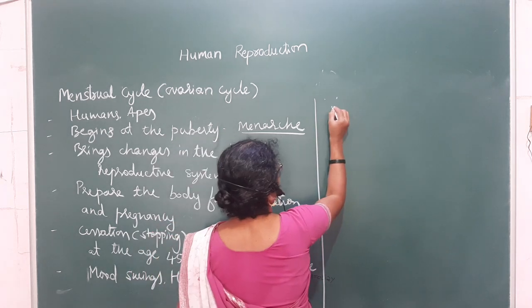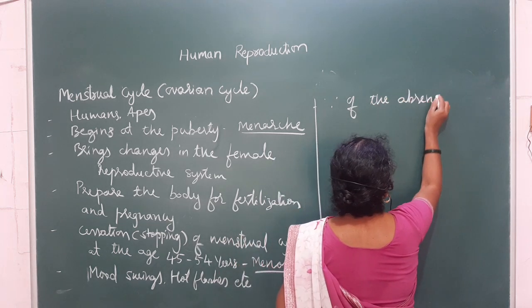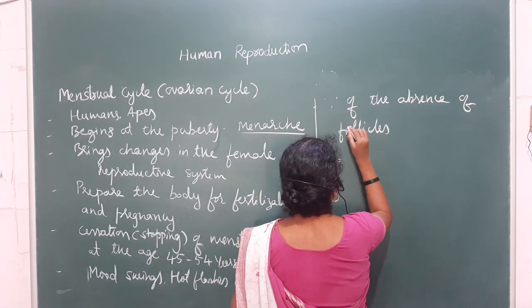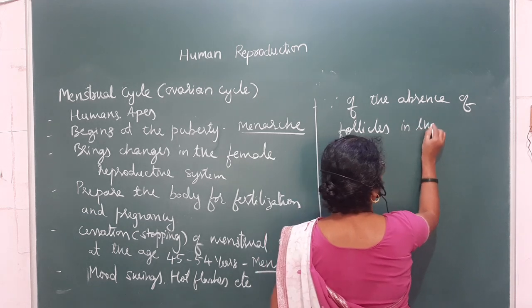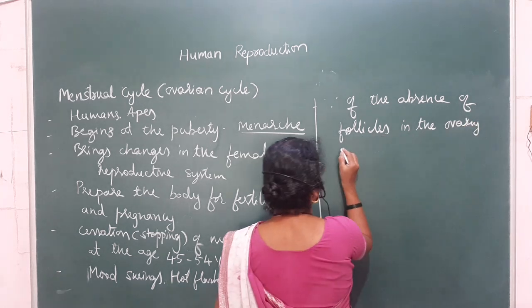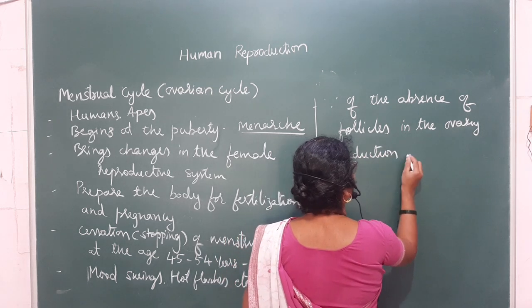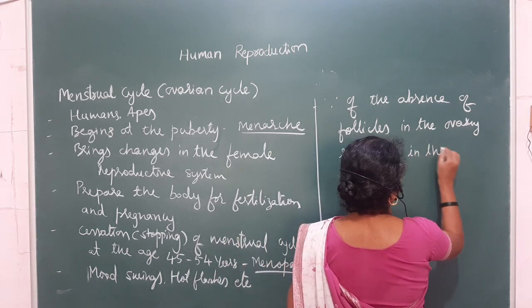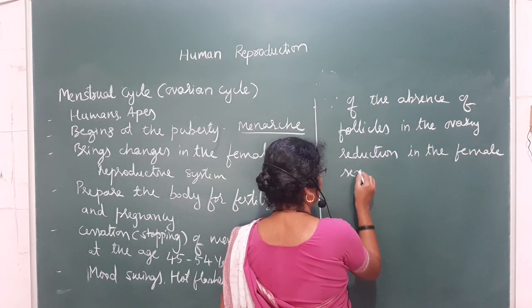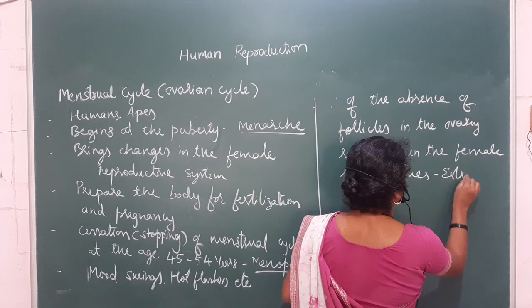That is because of the absence of follicles in the ovary, there is a reduction in the female sex hormones like estrogen and progesterone.